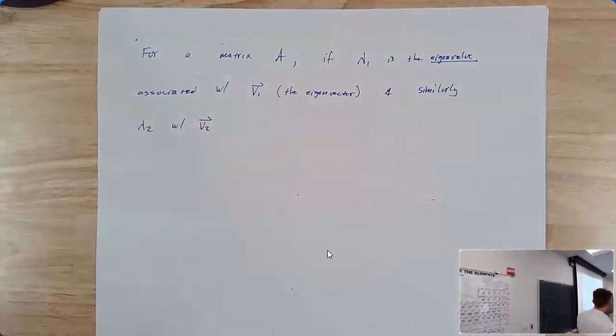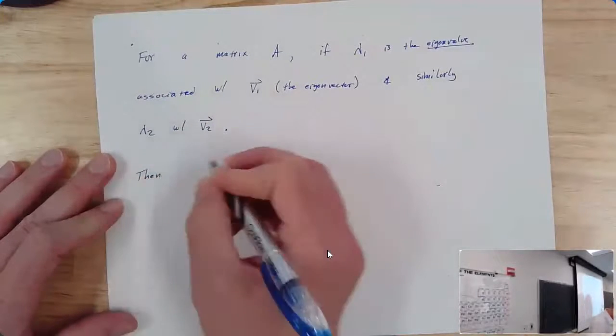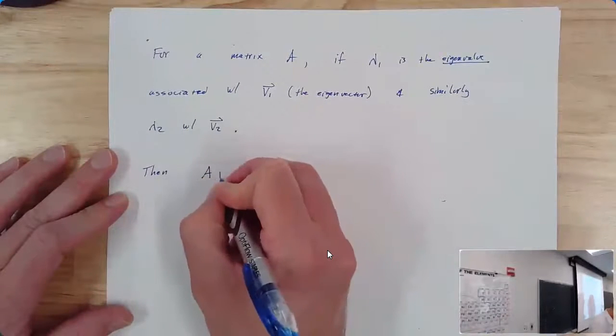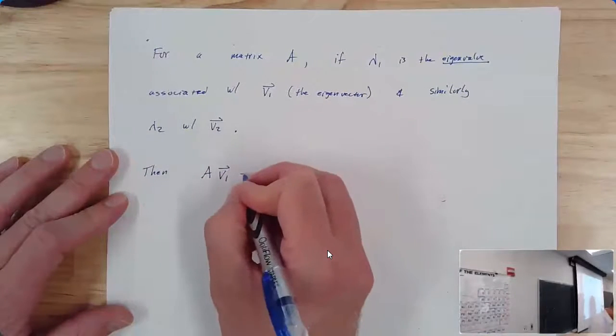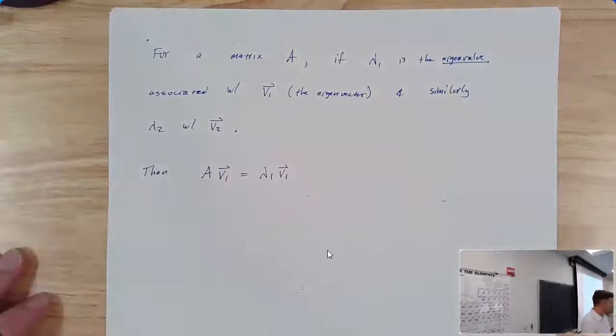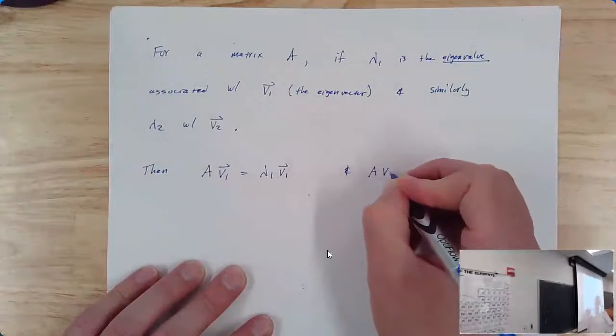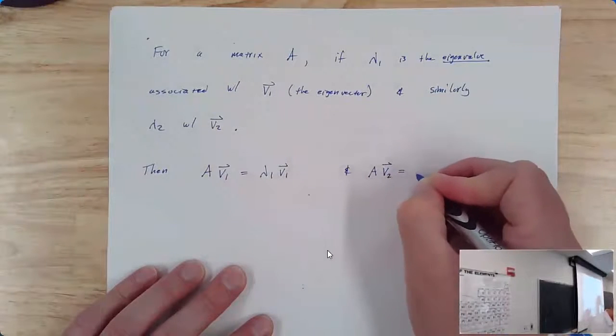So lambda 1 and lambda 2 are both numbers. V1 and V2 are both vectors. The thing that is true is the following. It is true that A times the eigenvector is equal to the eigenvalue times the eigenvector. And similarly, A times the second eigenvector is equal to the second eigenvalue times the second eigenvector.